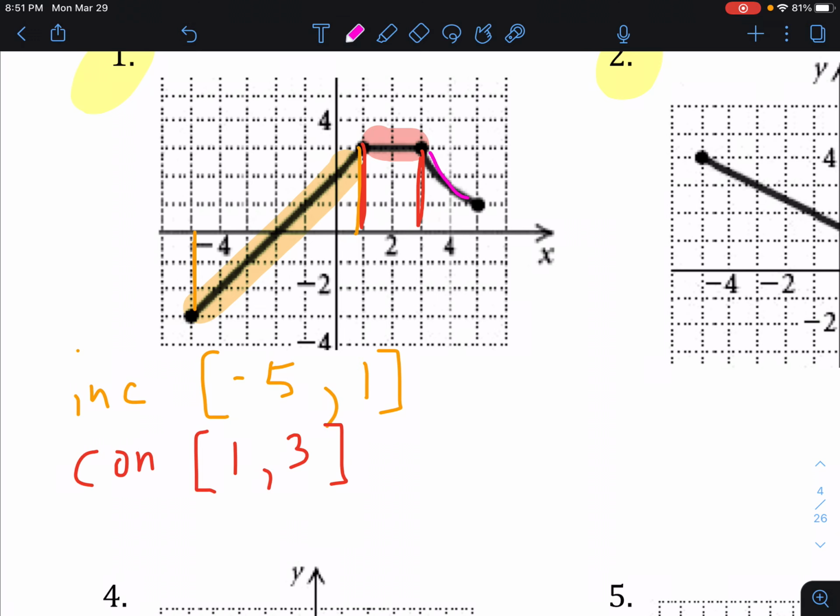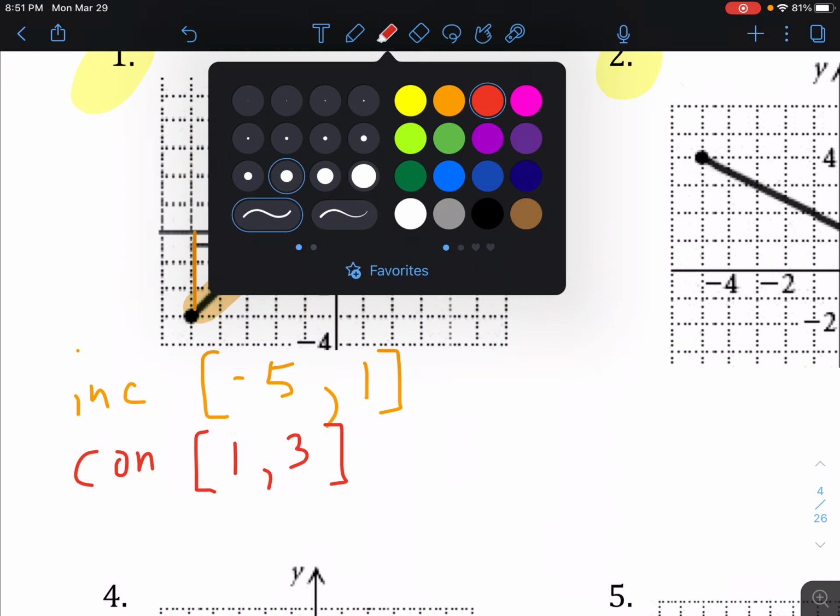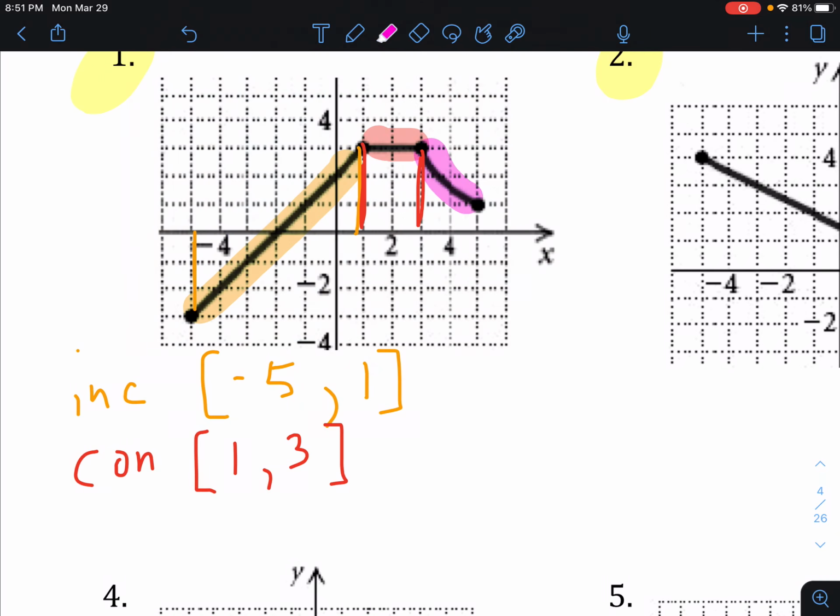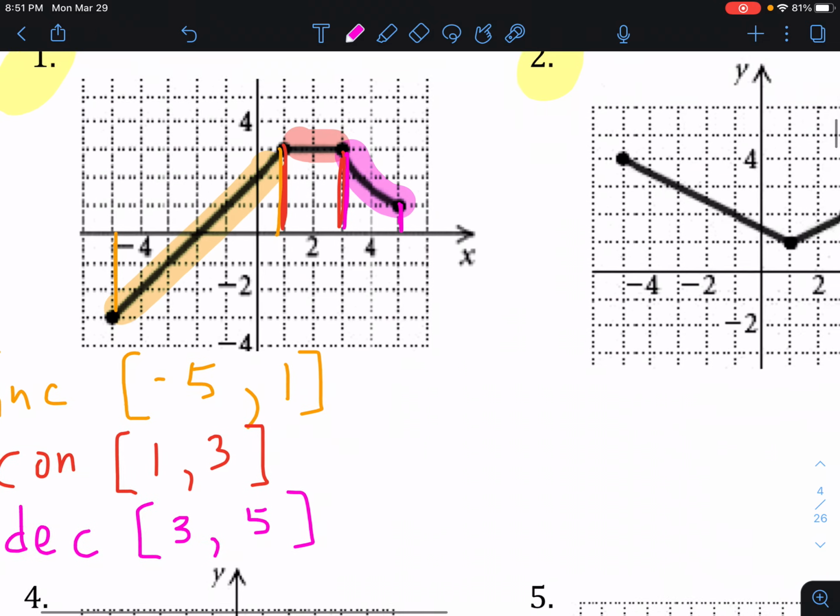So that'll be this, man, I'm all messed up tonight. That'll be decreasing here. So put DEC for decreasing, and that goes from 3 to 5 for the x's. It's a pretty easy concept here.